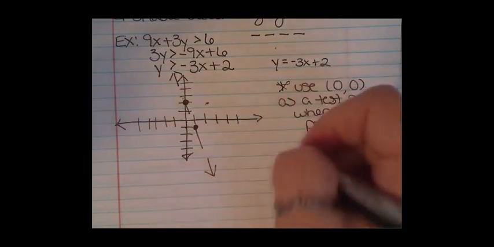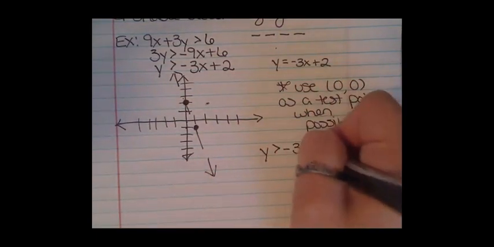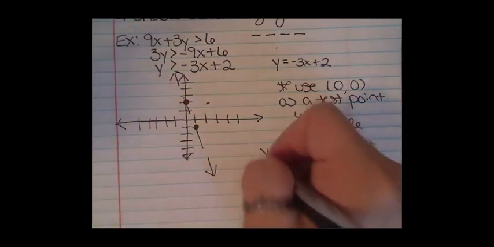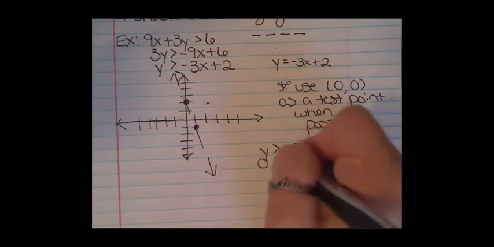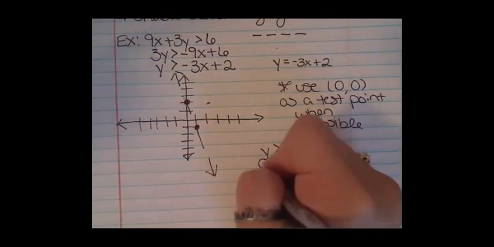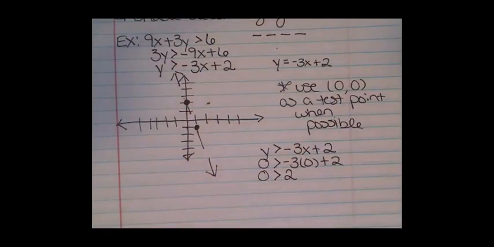We have y is greater than negative 3x plus 2. So if we're going to use (0, 0), we're going to plug in a 0 for y and a 0 for x. Then we get 0 is greater than positive 2. Is that true? Is 0 greater than positive 2?